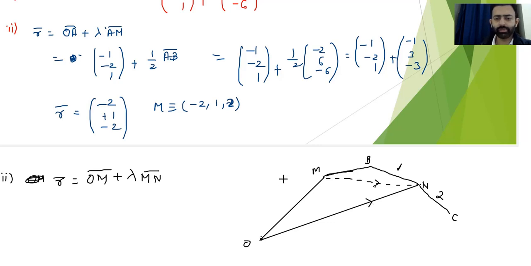Okay, so in triangle MBN, vector MB plus vector BN is equal to vector MN, right? Vector MB plus BN is equal to MN.